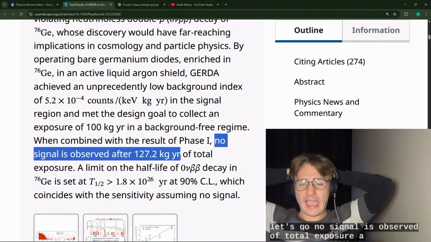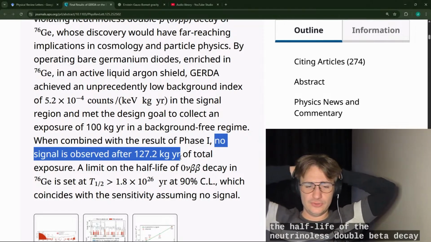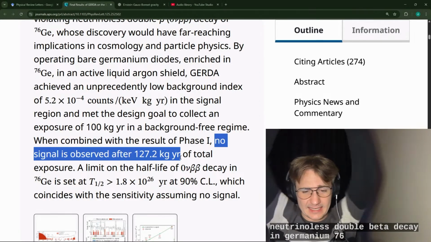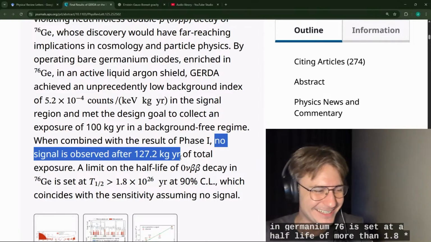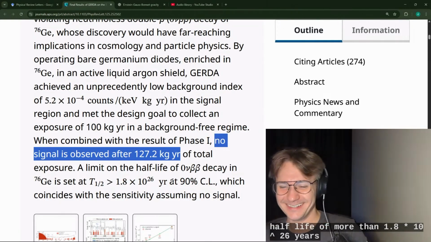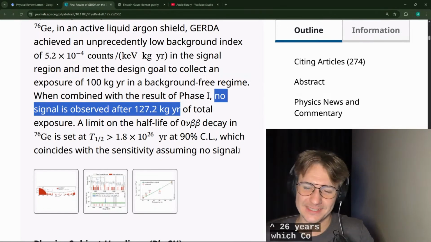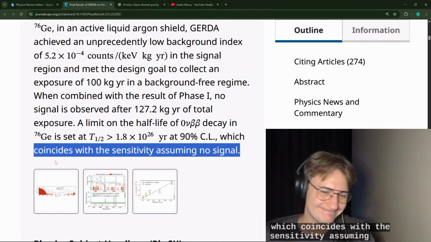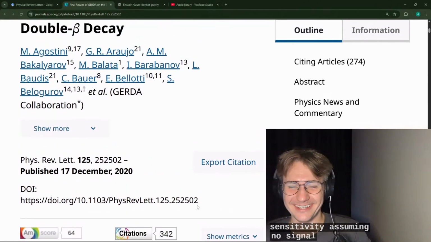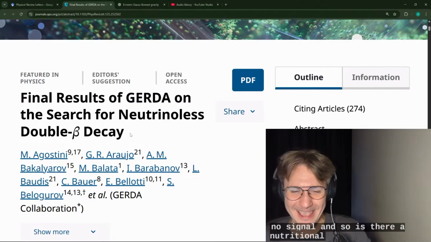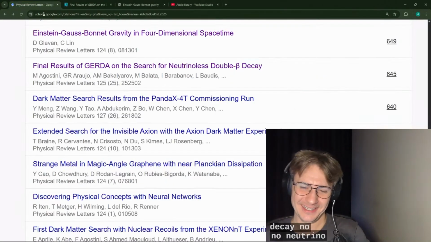A limit on the half-life of the neutrinoless double beta decay in germanium-76 is set at a half-life of more than 1.8 times 10 to the 26 years at a 90% confidence interval, which coincides with the sensitivity assuming no signal. No signal. And so is there a neutrinoless double beta decay? No. No neutrinoless double beta decay, sorry.